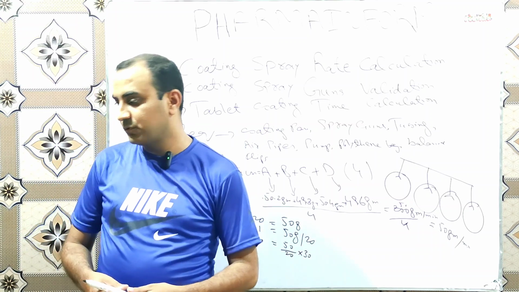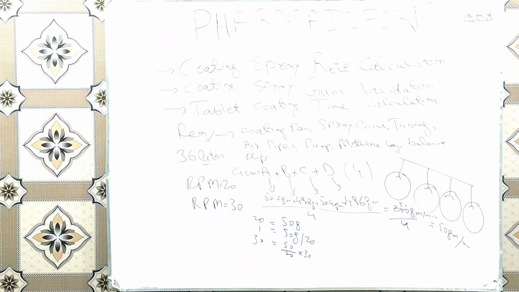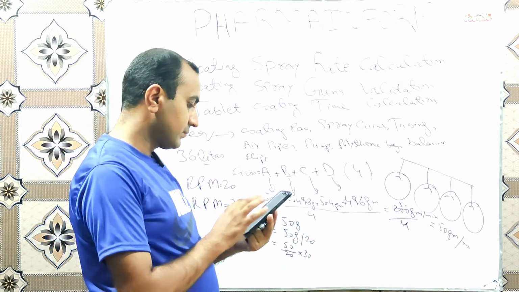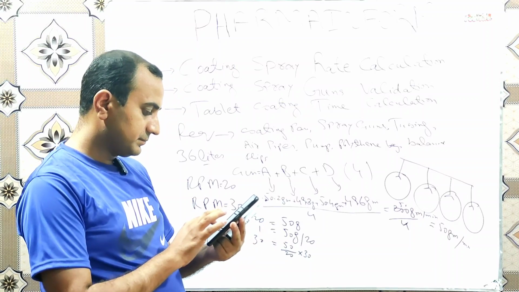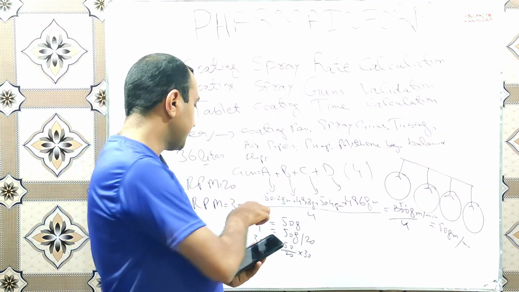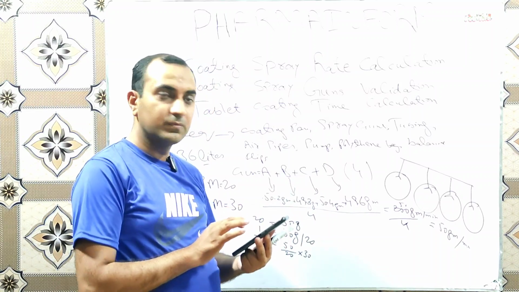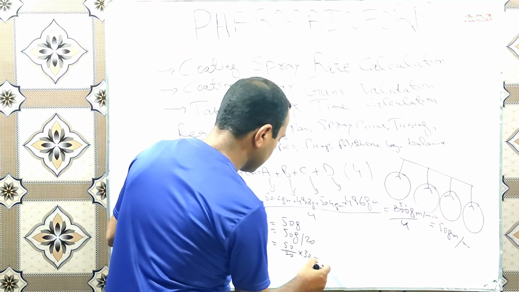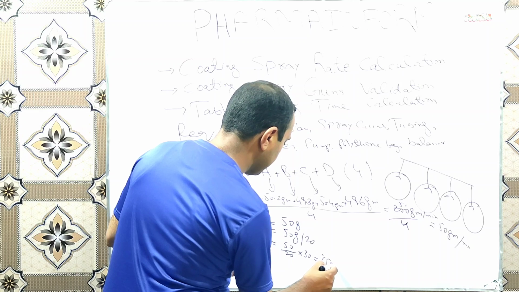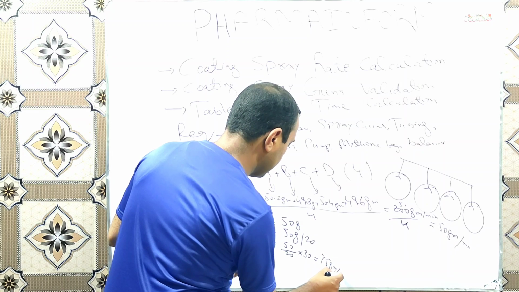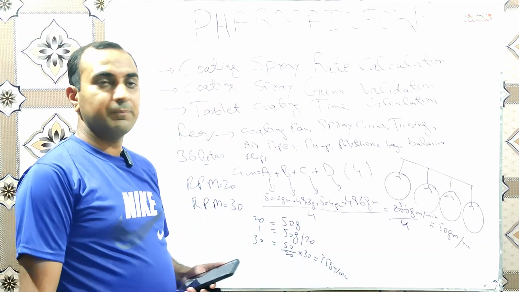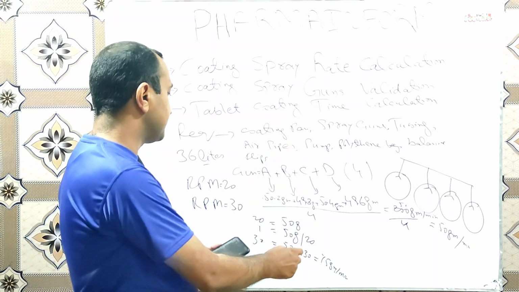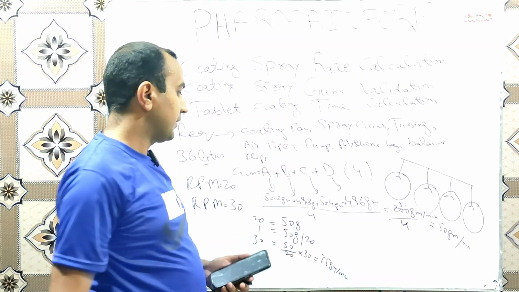We will use a calculator on mobile for this. 50 divided by 20 into 30, the answer is 75 gram per minute. Meaning at peristaltic pump RPM 30, the coating solution sprayed by all four guns will be 75 gram per minute.